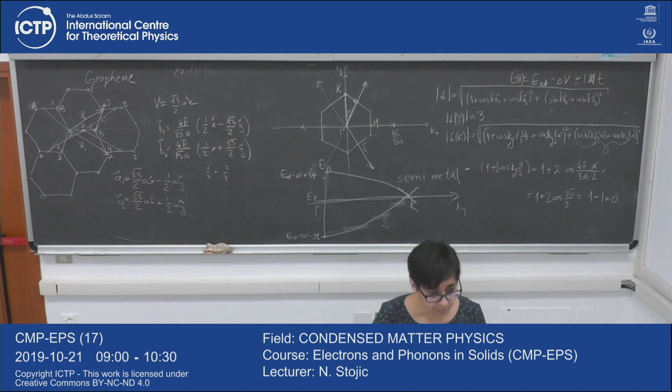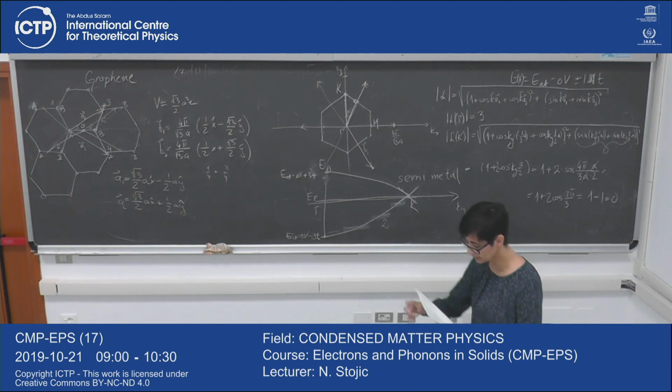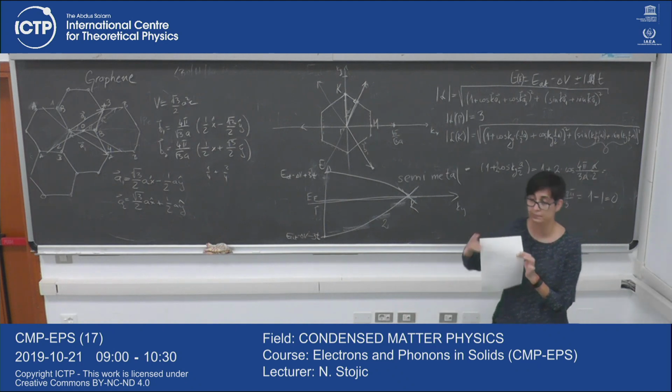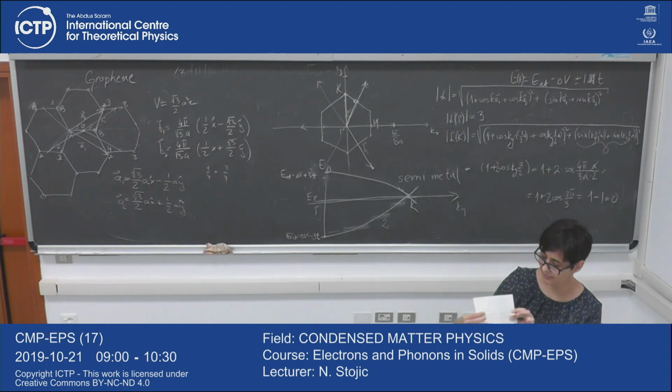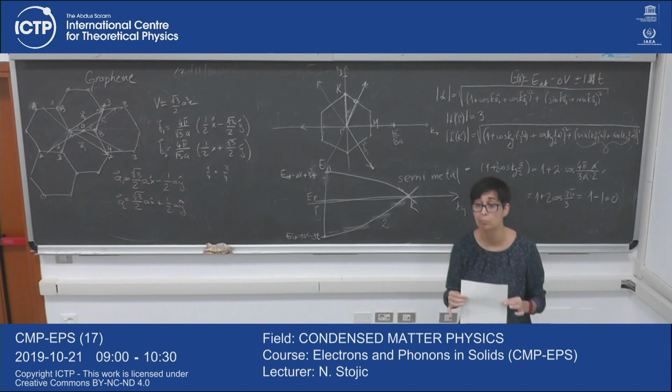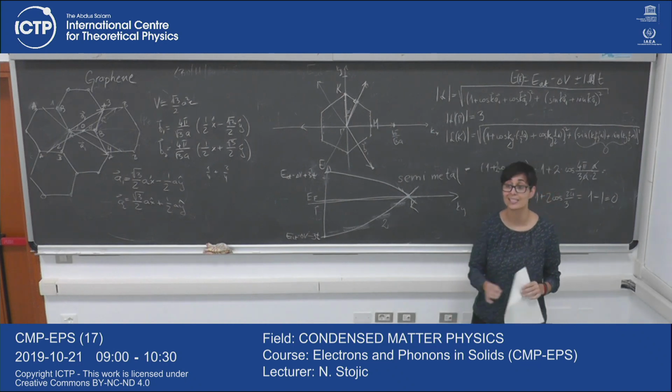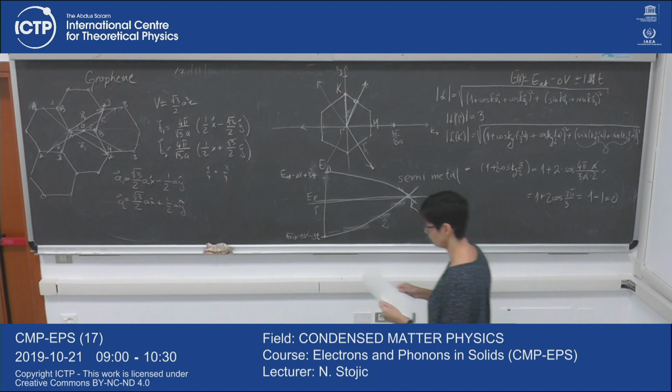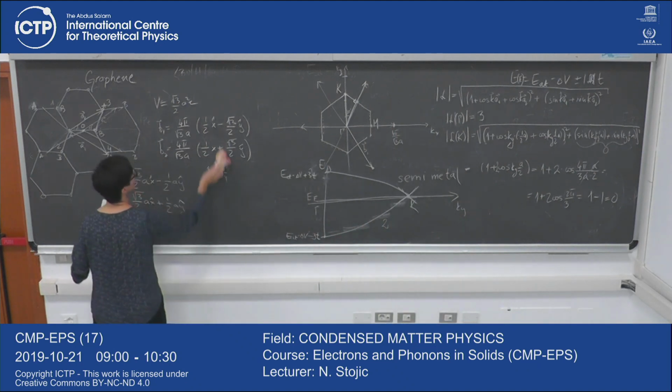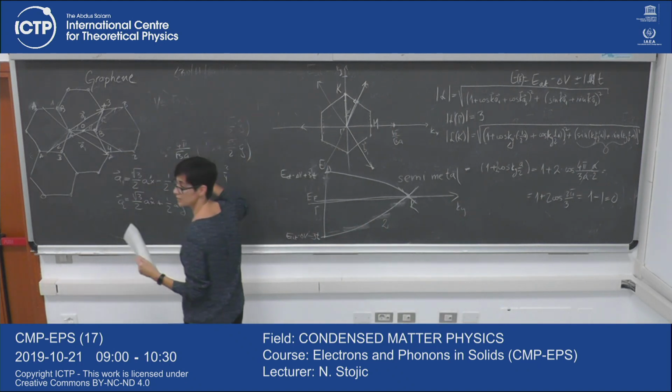So which one is the WX line? Okay, I should draw it. And actually the first problem on the sheet with 2 problems is very important for tight binding, for the understanding of the filling. So I would suggest you start with that one.